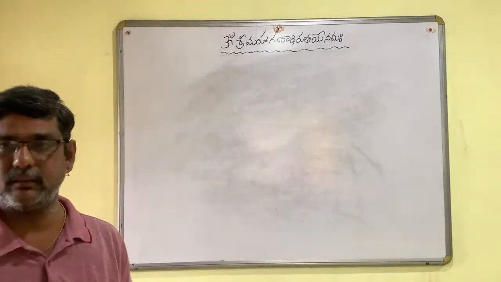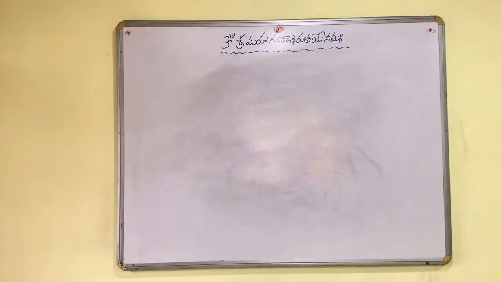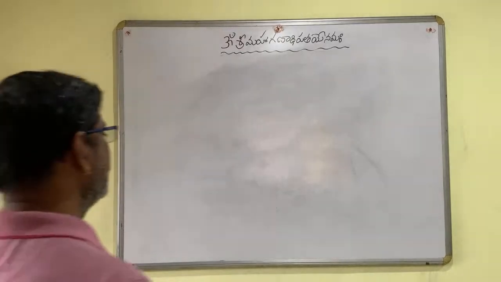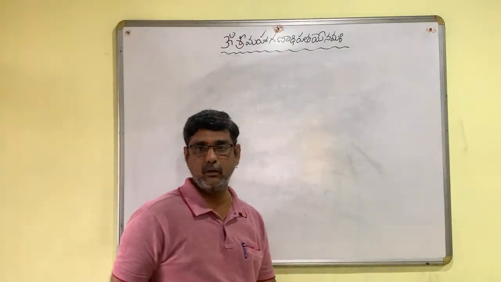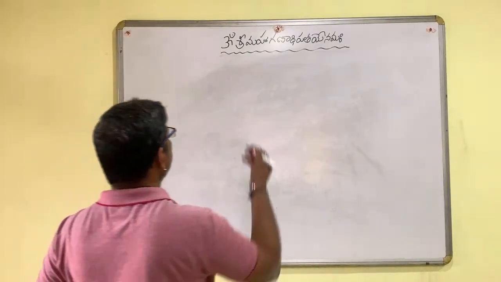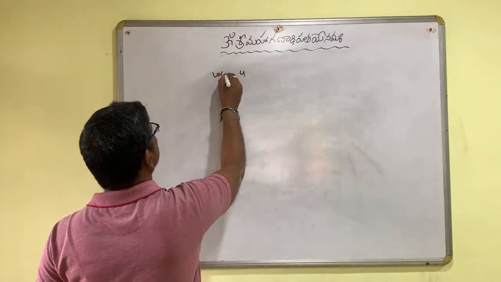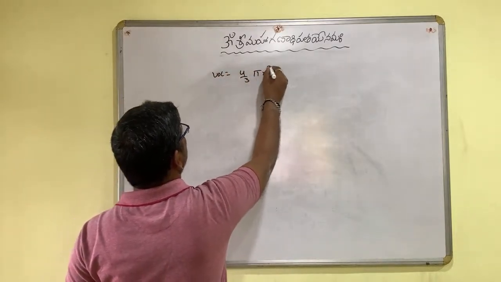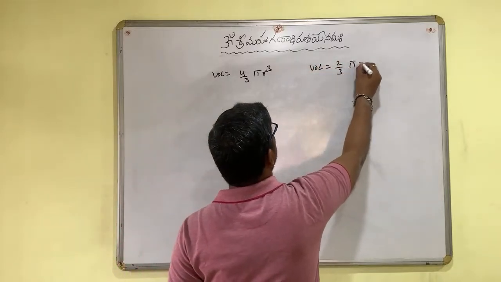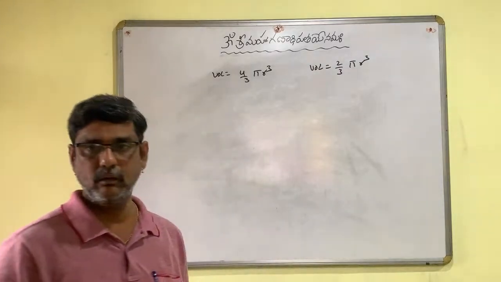We are going ahead with the volume of the sphere. Right. The volume of a sphere, I told you, is 4 by 3 pi r cube, and the hemisphere volume is 2 by 3 pi r cube, half of it. Okay.